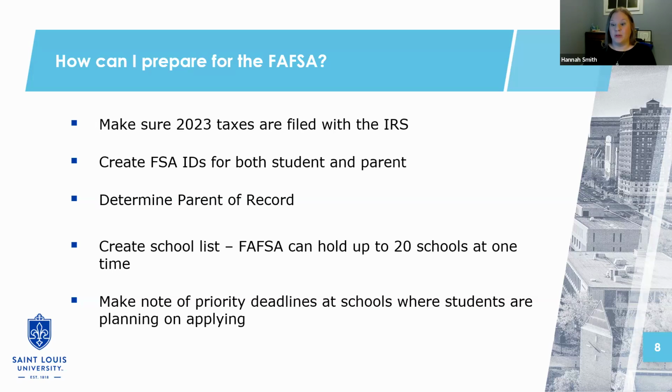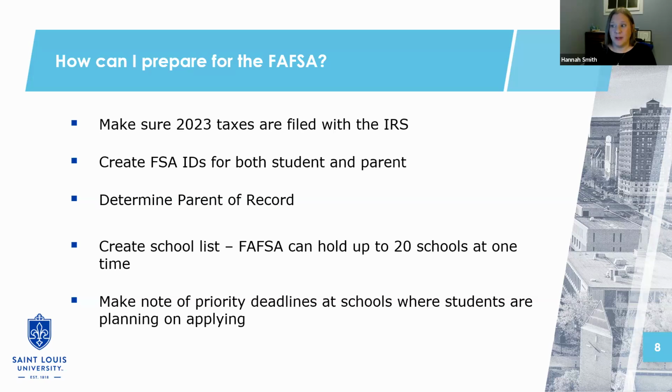That will really prolong and kind of complicate things if the taxes are not filed prior to you wanting to fill out the FAFSA. It just makes things a lot easier if they're on file with the IRS. You can provide consent and it automatically ports over into the FAFSA form. So make sure that those taxes are filed.